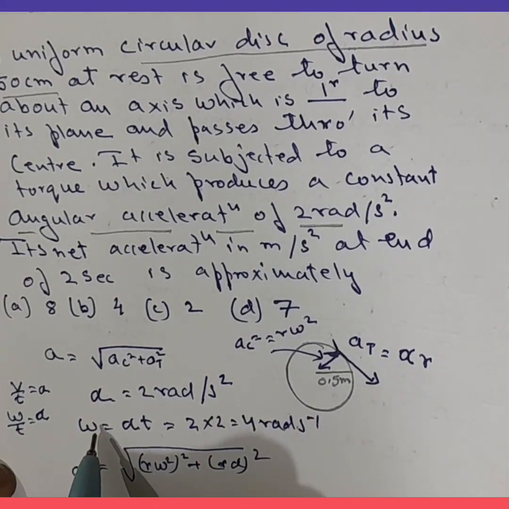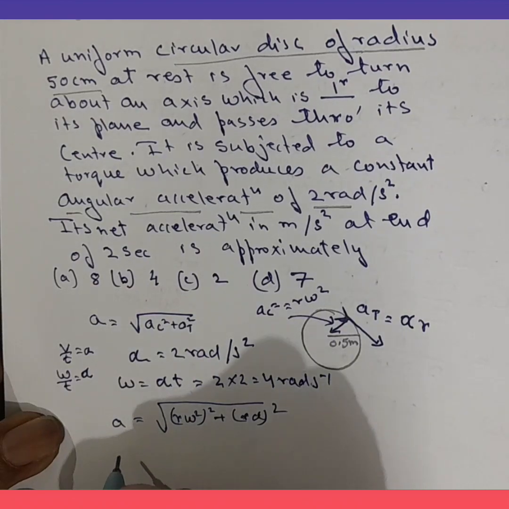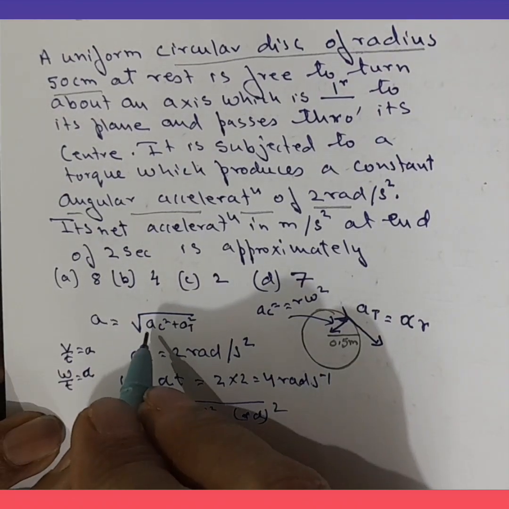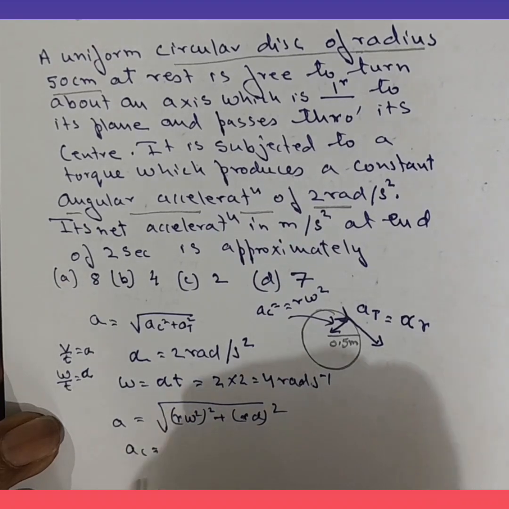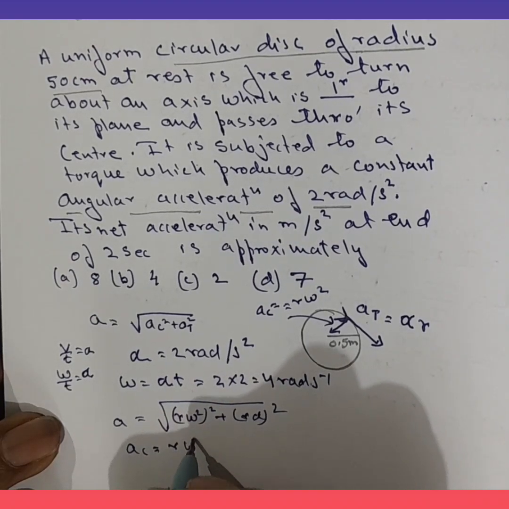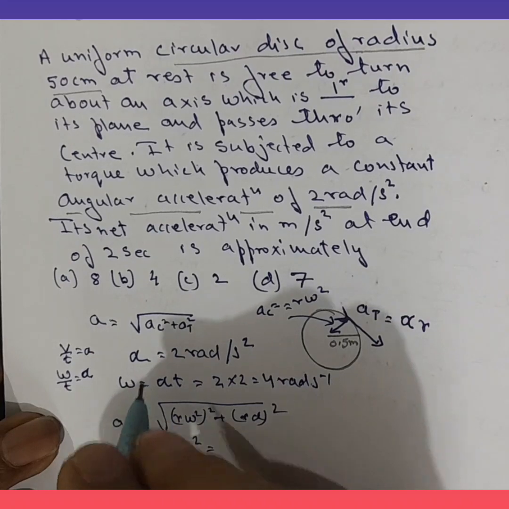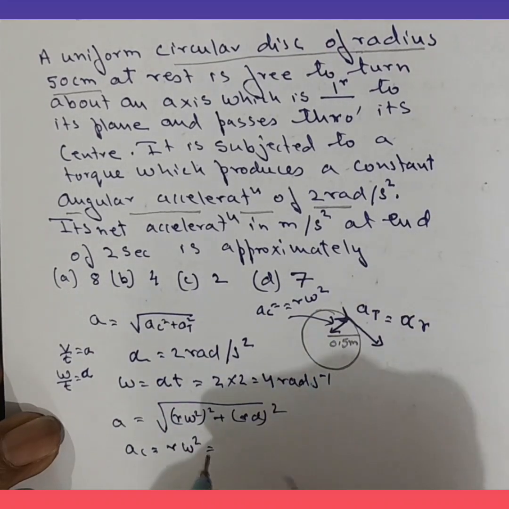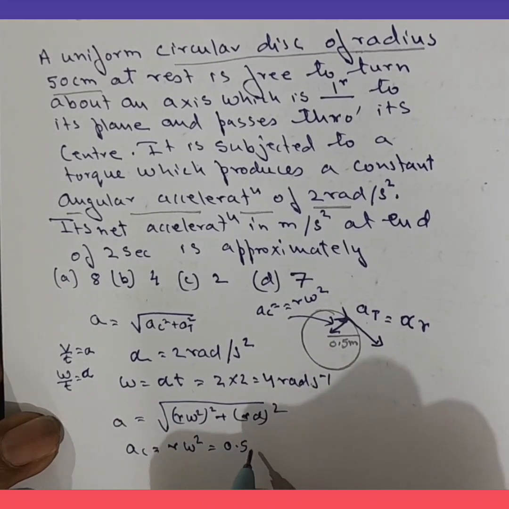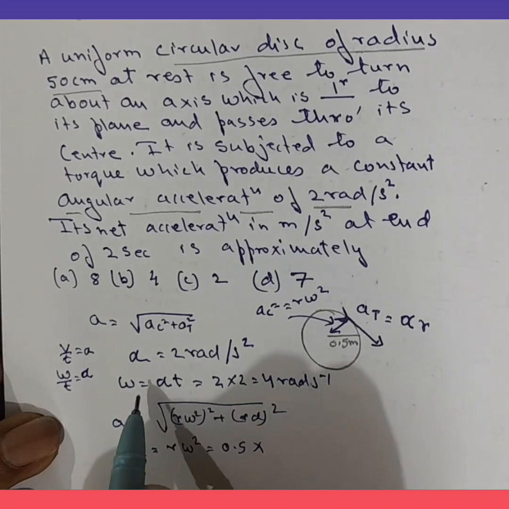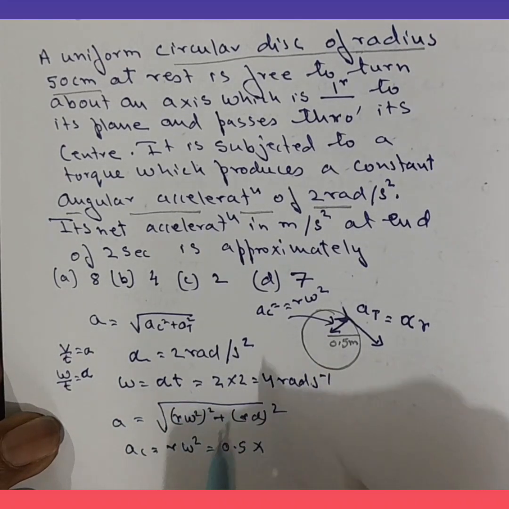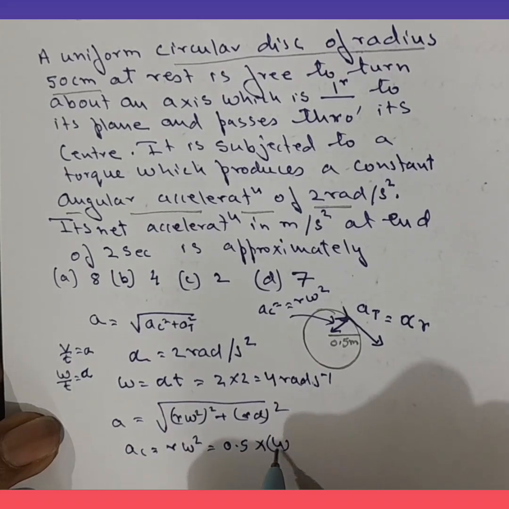Now is it possible for us to get AC? AC is equal to r omega square, where r given is 0.5 meter and omega we found out is 4, so it would be 4 square.